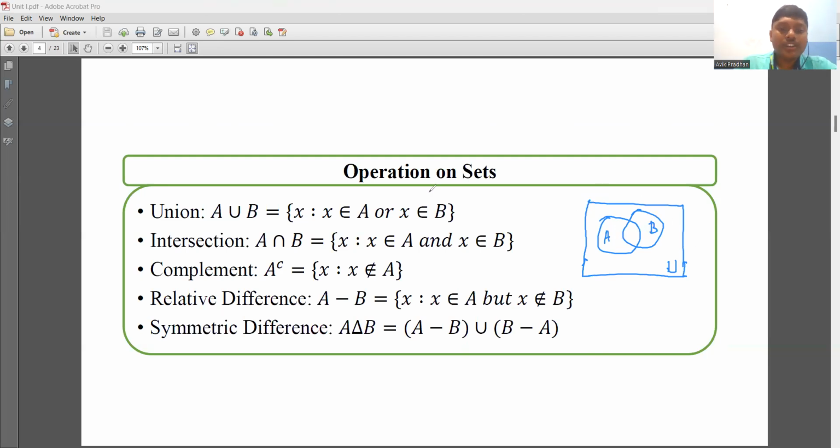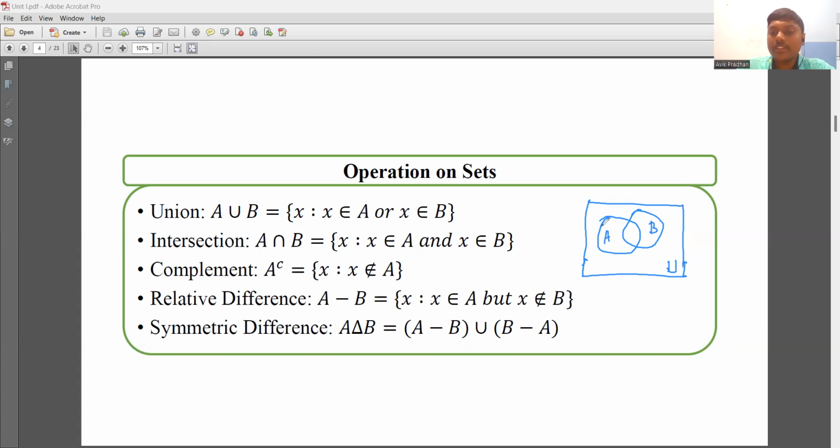Now, let us try to understand what we mean by A union B using the Venn diagram. In the universal set, A and B are two subsets of the universal set. Whenever we talk about the universal set, any set is a subset of it.